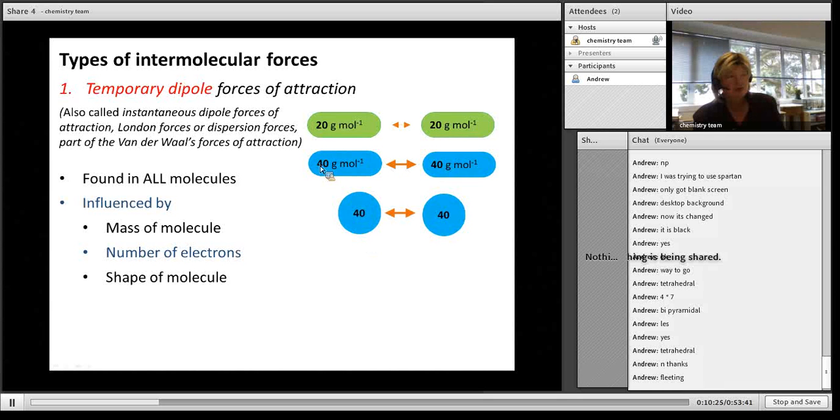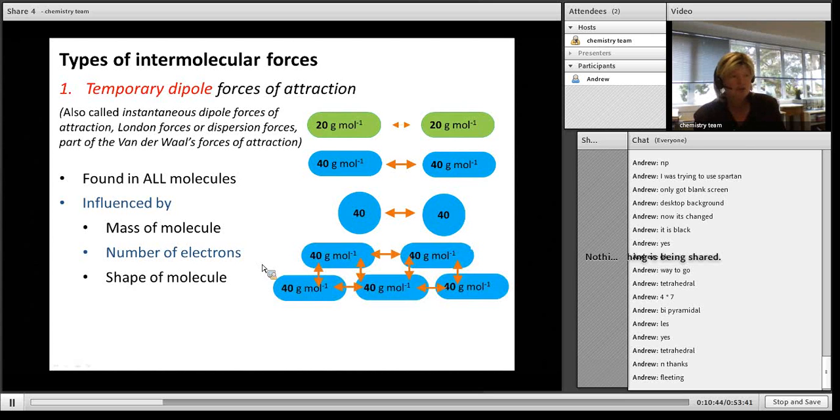So if I've got 40 and 40 in terms of its mass, but one molecule is long and thin and the other one is round, yes, each attraction is perhaps the same based on its mass and number of electrons, but those round ones can't get as close to each other. So compare those two with long, thin molecules.